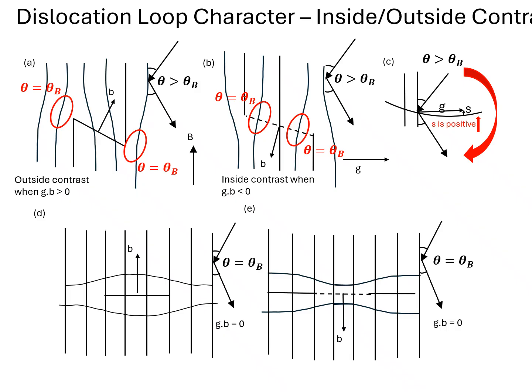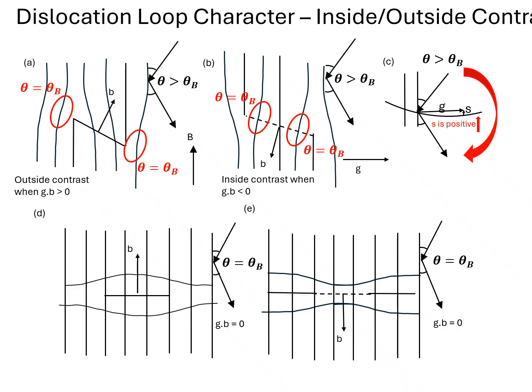And so that's what's called, in fact, a G dot B zero condition. And that's the same whether it's an interstitial or a vacancy loop. But by knowing what the diffracting vector is for these planes, what the planes are, and knowing that we have zero contrast, you can actually define, knowing what G is, if you like, and I'll tell you what G is later, we can define what B is.